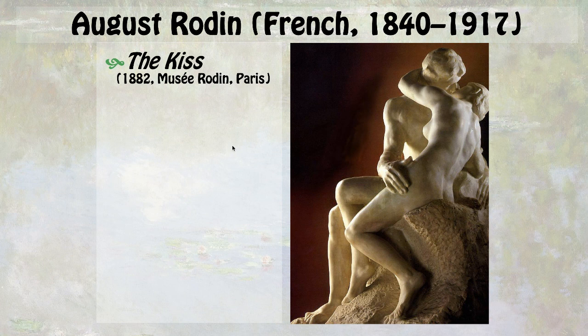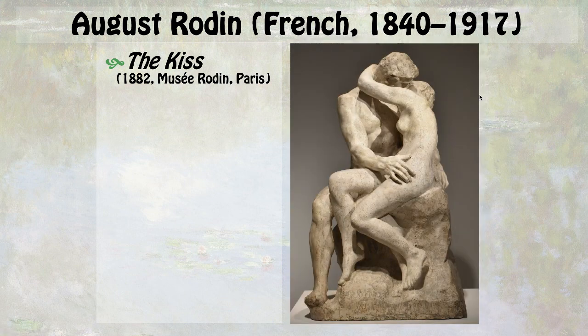If you look at the features of the figures, the man and the woman who are kissing, you can possibly make out that they're carved in an almost fuzzy way, that there is a kind of softness to them that keeps it from being pornographic, you could say, although it was considered rather shockingly openly erotic in its time. But again, the sense of physical weightiness, and especially the muscularity of the male figure, suggests the work of Michelangelo.